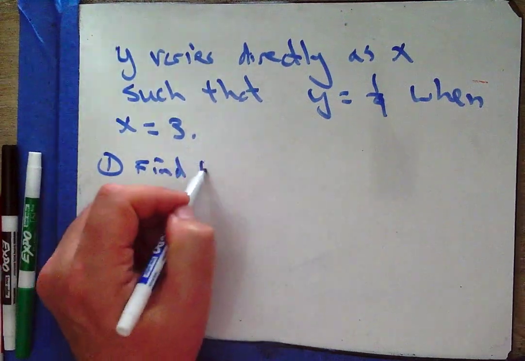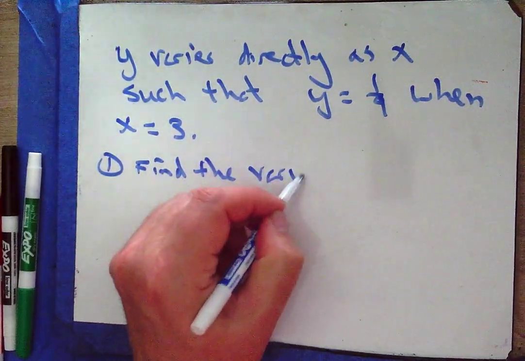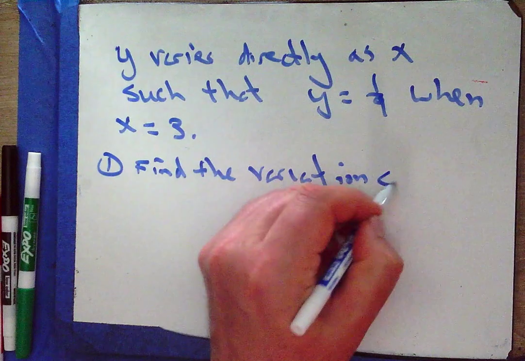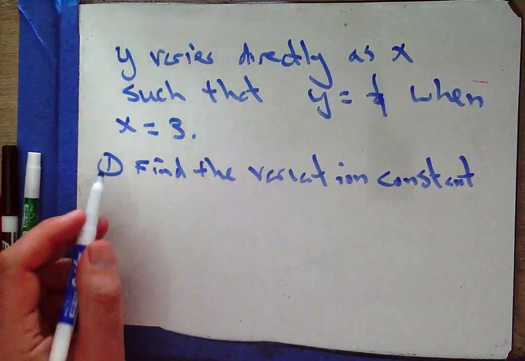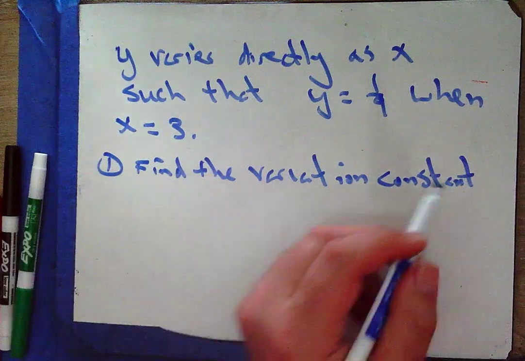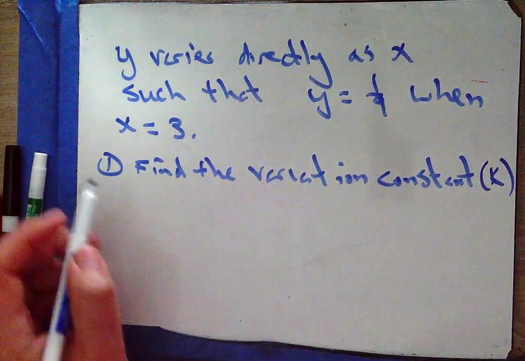Find the variation constant. They could also ask for the constant of proportionality, or they could ask for k.